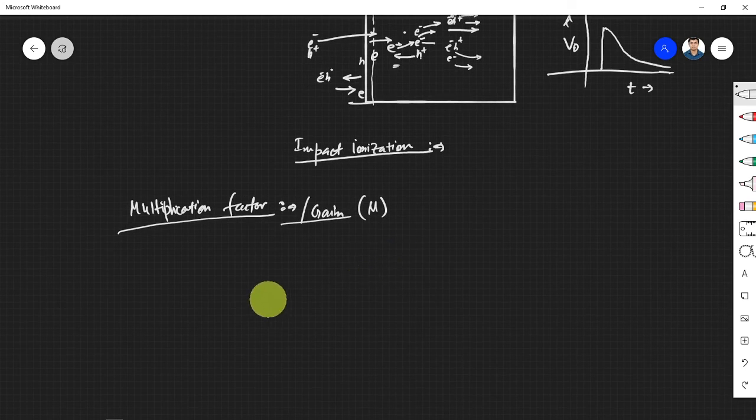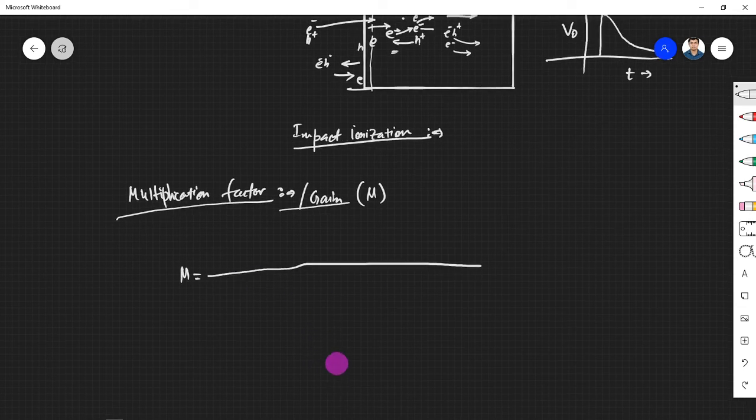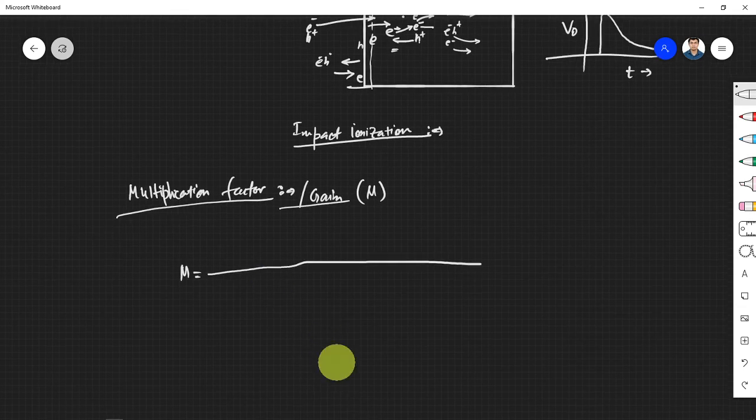So it is defined as multiplied photocurrent divided by primary unmultiplied photocurrent.